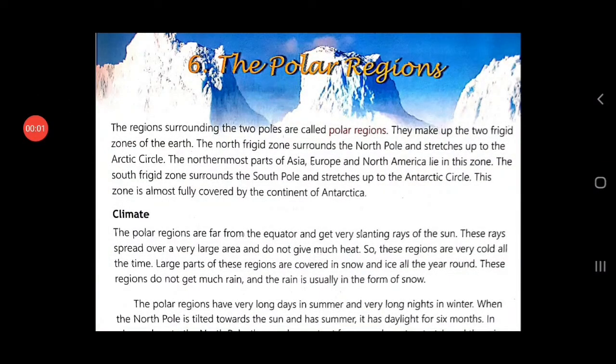These rays spread over a very large area and do not give much heat. Because the sun's rays are very slanting in the polar regions, the rays spread over a very large area, and because of that they do not give much heat to this zone.